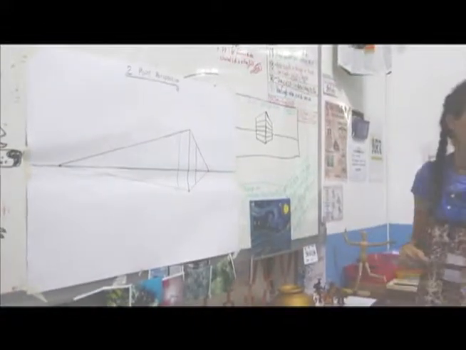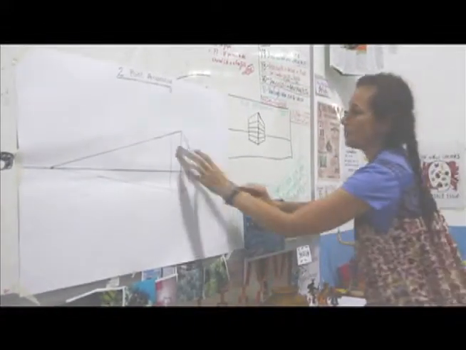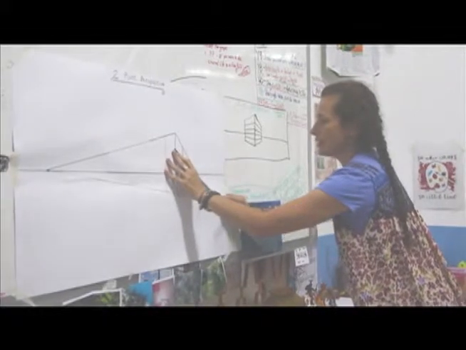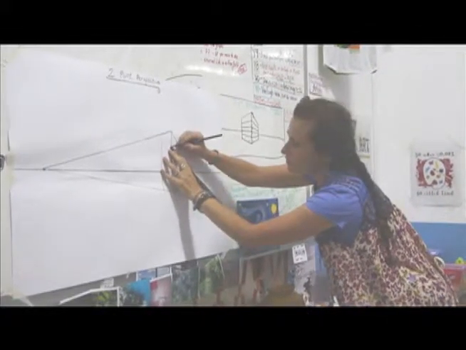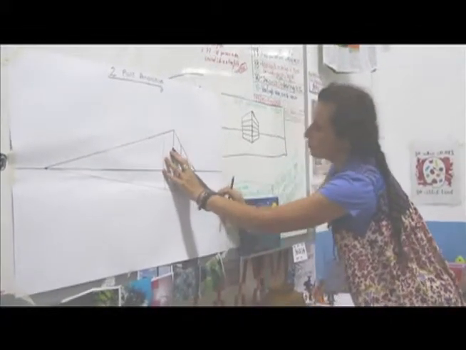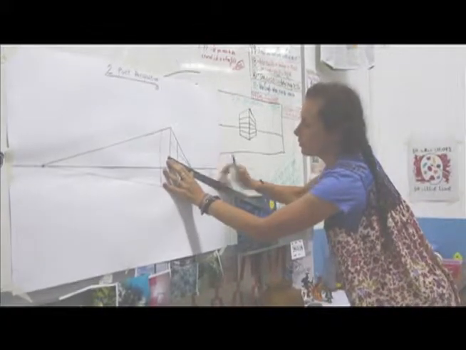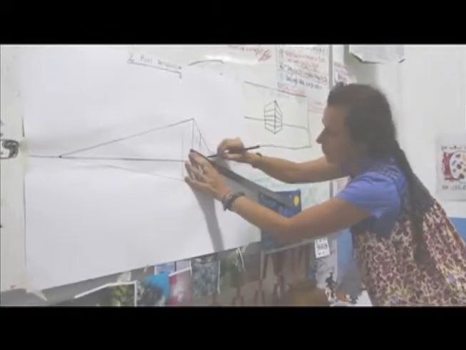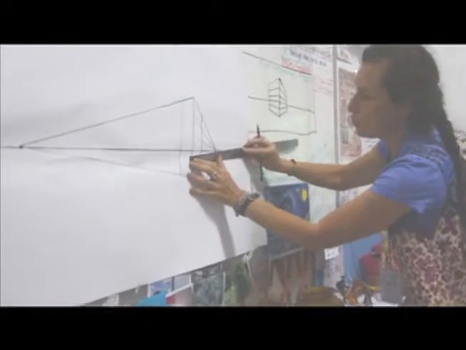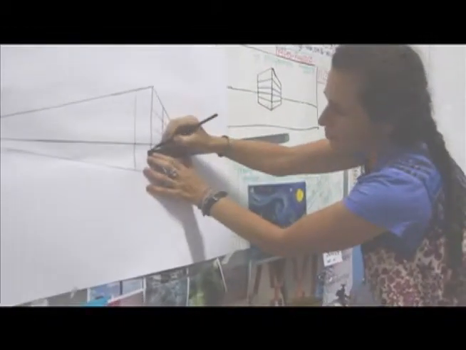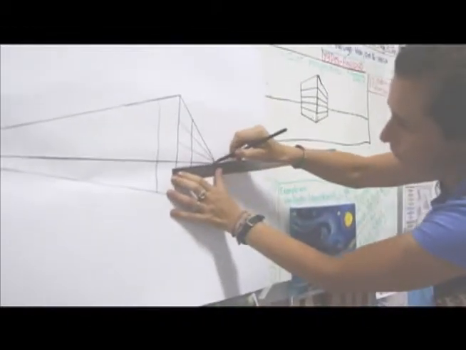Now, remember what we taught you about windows? If you're going to do windows on your buildings, they follow the same points, which will help your buildings have more dimension. Whether you're doing a barn or a big building, doors and windows should all follow this rule.